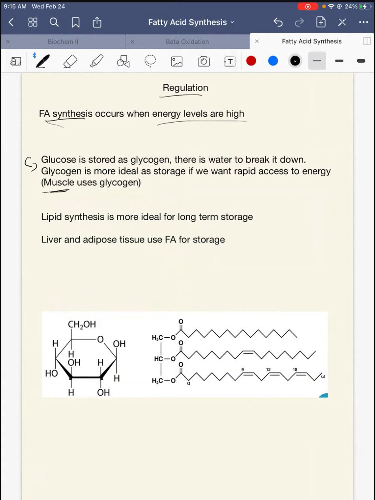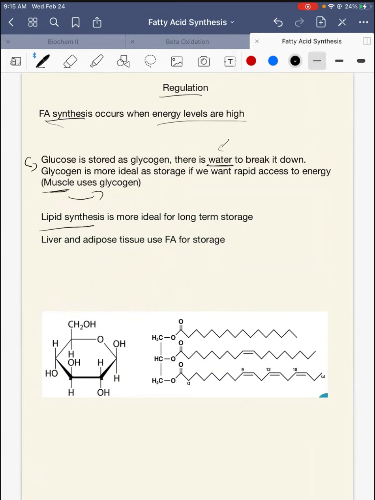So the muscles tend to store their energy as glycogen because they're able to break that glycogen down really fast, and then they get rapid access to energy. And this happens because you're able to break it down with water. If you're confused about that, go watch the glycogen breakdown video, and it explains why we use water to break it down.